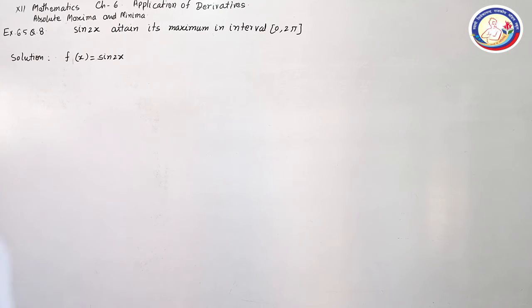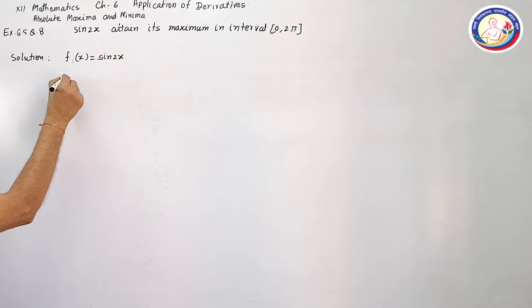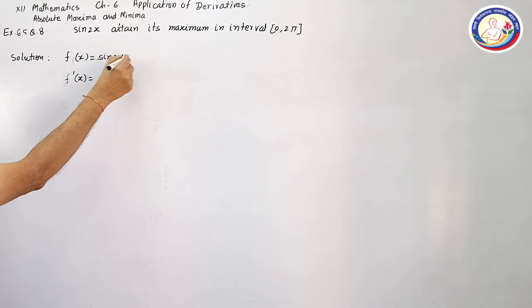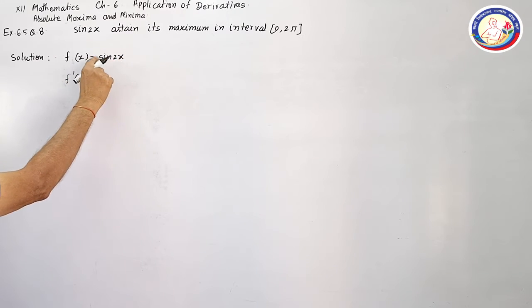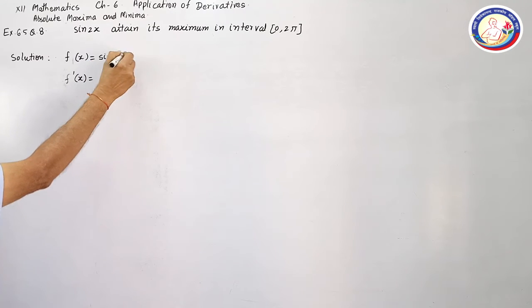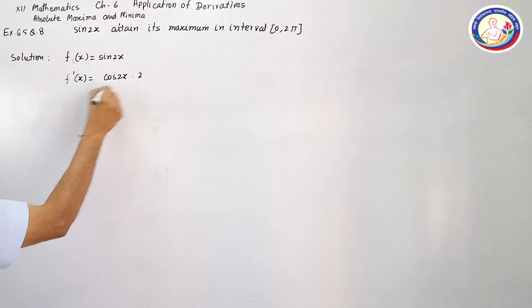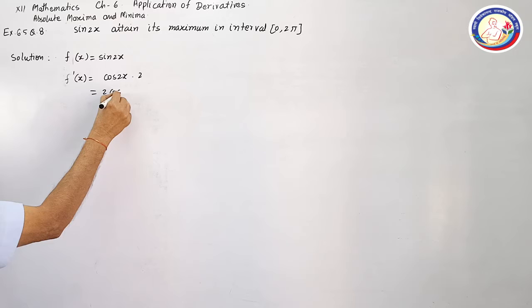And the process is, first of all, find the derivative of sine 2x. Sine 2x, its derivative is cos 2x, and the derivative of 2x with respect to x is 2. And it is twice cos 2x.